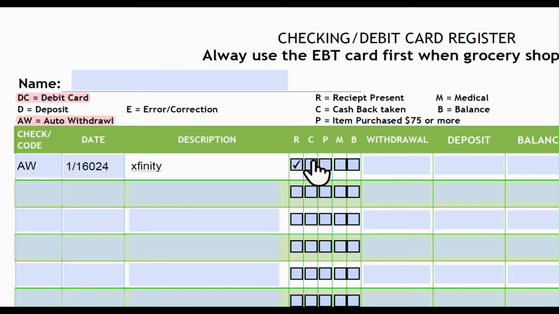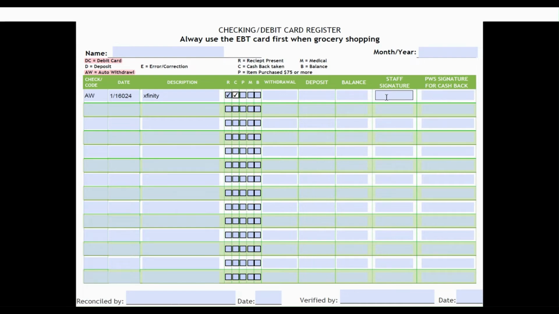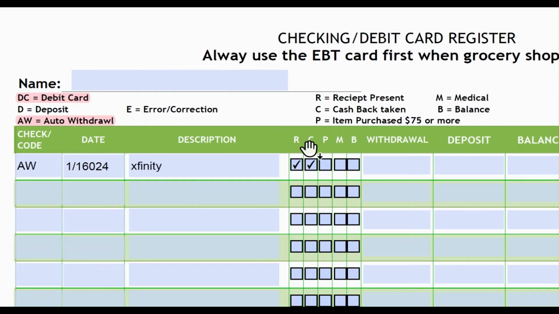The next one here is C, and that you're only checking off if cash back was taken out. So cash back from your shopping at Fred Meyer, the person gets cash back because if you remember, we've got this signature line that the person needs to sign if there's cash back. So whenever you're checking off that C, it's a reminder that you need to get the person to sign for that.